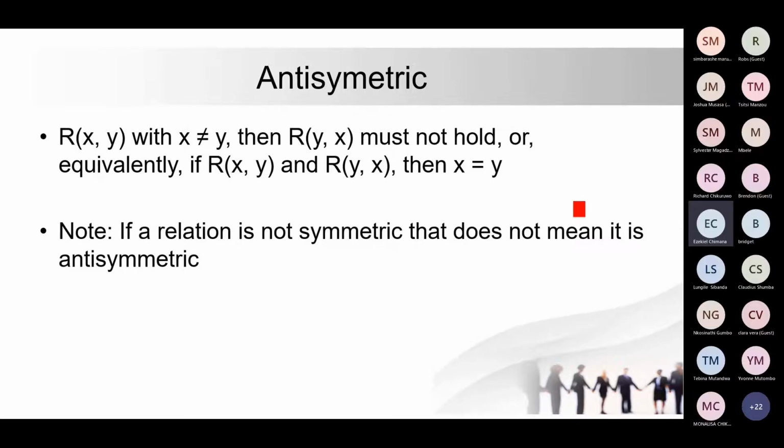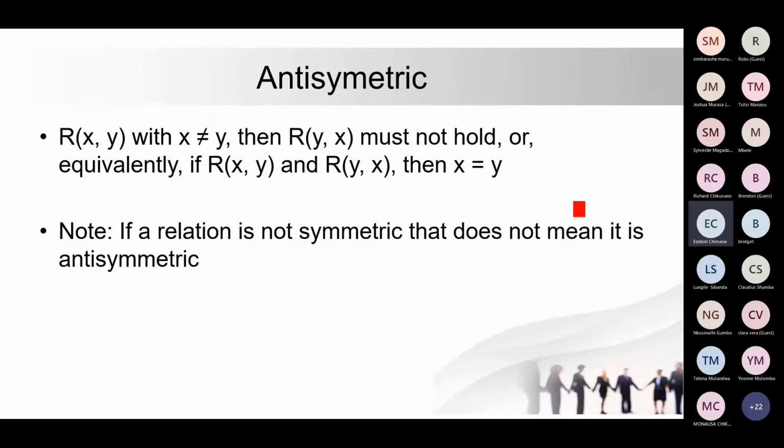Also, on this issue, I'm seeing that the issue of equivalence relation was neglected. On your slides, there is nothing on equivalence relations. I think it's something you were supposed to put in your slides, because when you are talking about equivalence relations, you need to know which relation types will be considered.